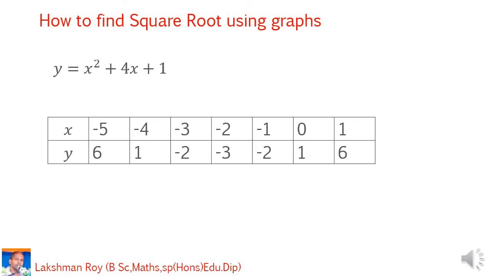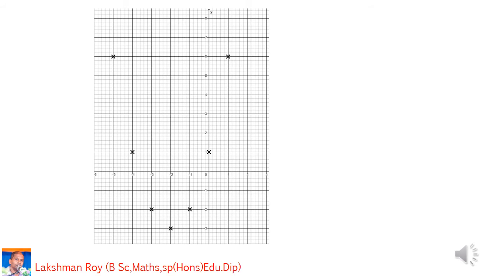Now I'm going to plot these points on a Cartesian coordinate plane. Students, now you are familiar with quadratic graphs, so you know how to plot these points. When x coordinate is negative 5, you go up and find the y coordinate 6. When x coordinate is negative 4, you go up to positive 1 and mark it.